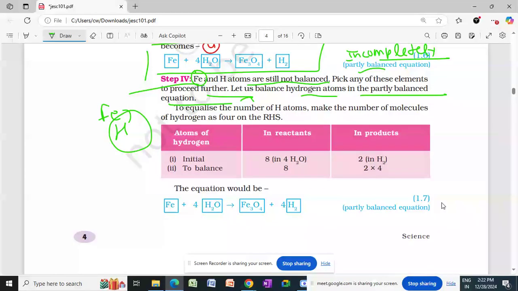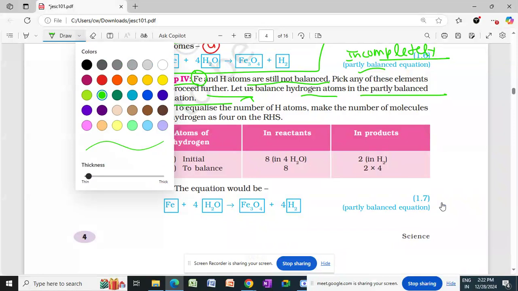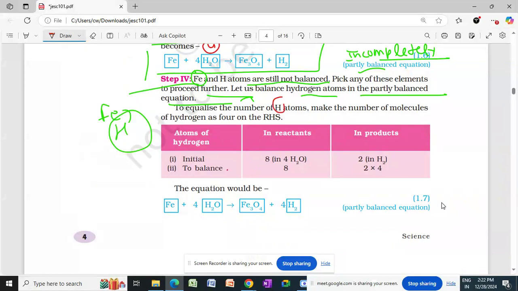To equalize the number of hydrogen atoms, what do we have to do? We have to make the number of molecules of hydrogen as 4 on the right hand side. So here, can you say 4H2O? What do you mean by 4H2O? 4 into 2, 8. So how many hydrogen are there? 8.